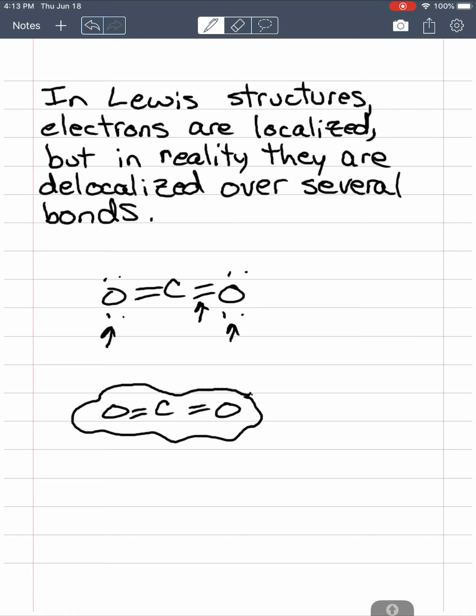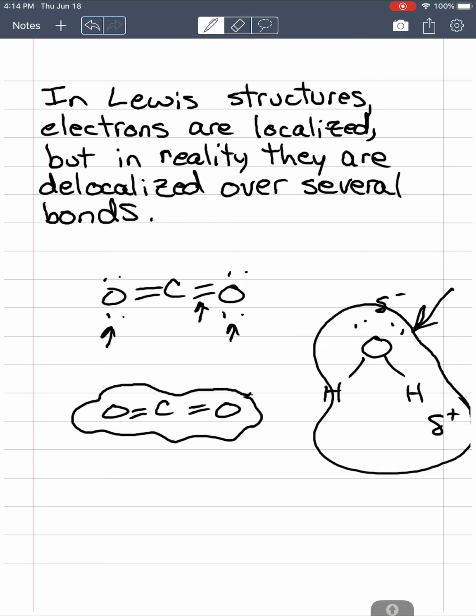They may spend more time on one side than the other. For example, if I have water, that's a polar bond, and these are partially positive, this is partially negative. So the electrons may spend more time in this part of the molecule, but they will be delocalized all over the whole thing. So they're not located in just one spot.